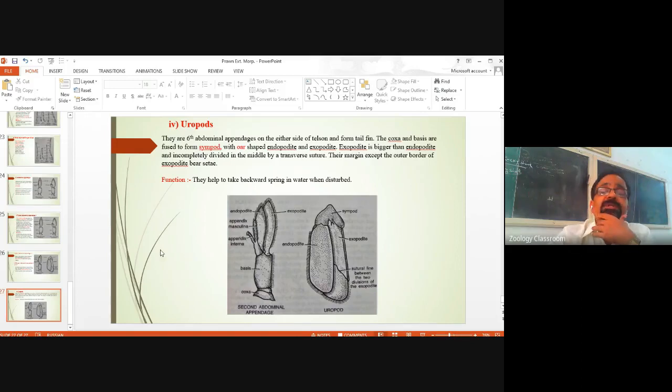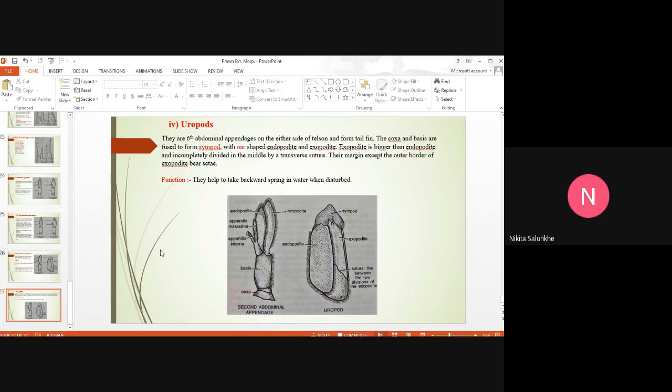So let's summarize today's talk. 19 segments are there totally in the body. The body is divided into two regions: the cephalothoracic region and the abdominal region. Very good.